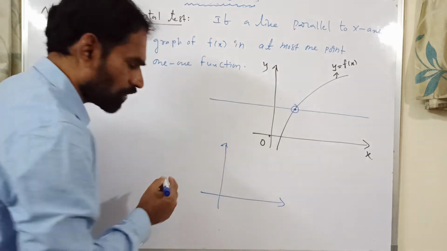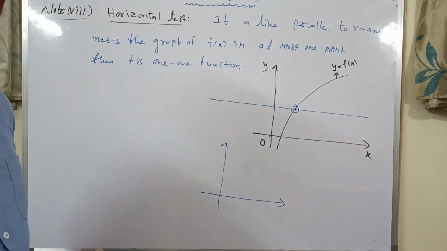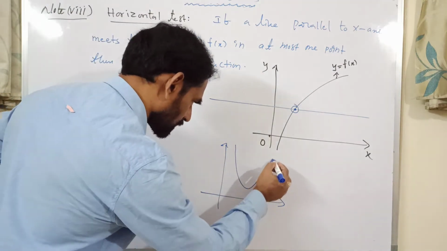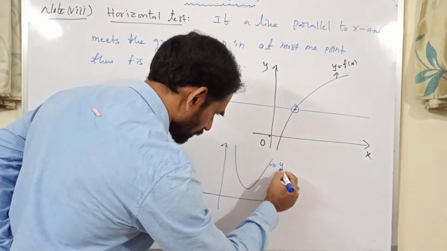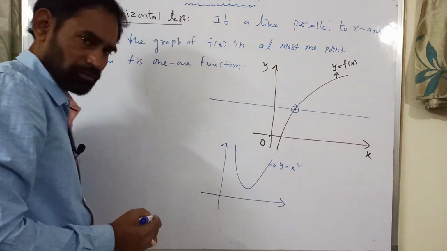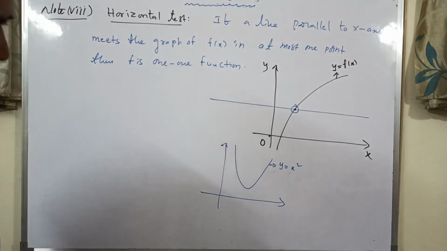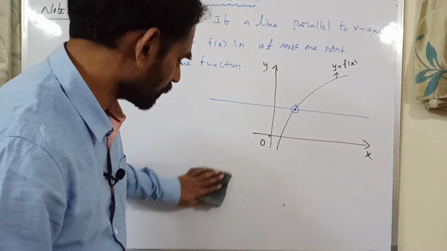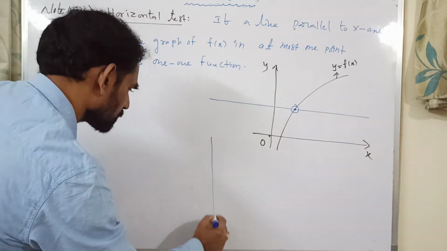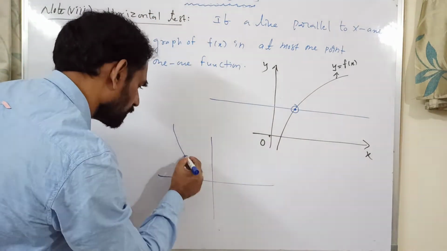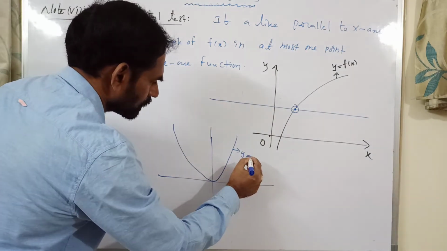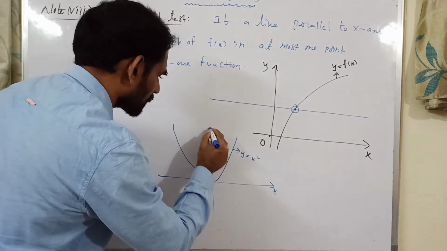For example, take y equals x square, a parabola. The graph of y equals x square looks like this, with the x-axis and y-axis.